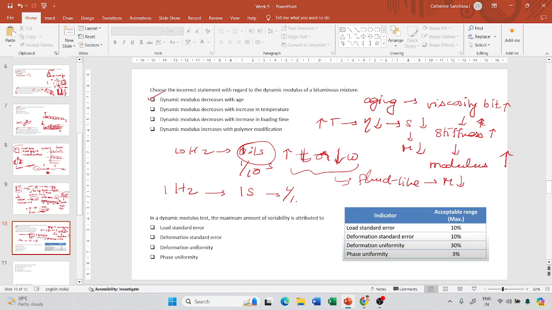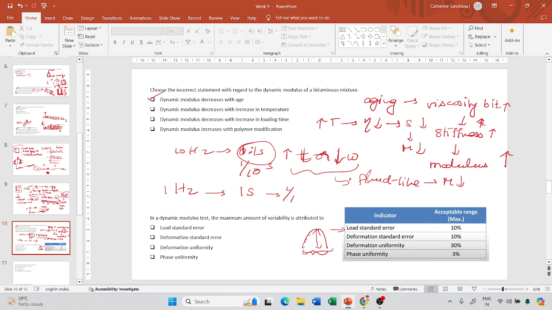So what is this maximum amount of variability? When you apply a particular load to the sample, you are applying a sinusoidal load. You say that it has to have a particular amplitude and a particular loading rate, right? Now you have to check if it is actually being applied on the sample.